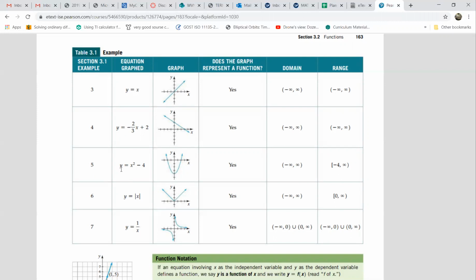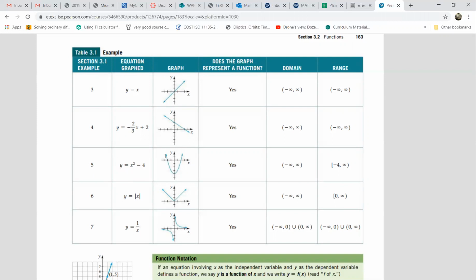Suppose you have y equals to x squared minus 4. In this case, you have a parabola which opens up. It passes vertical line test, so you have a function. The domain of the function.